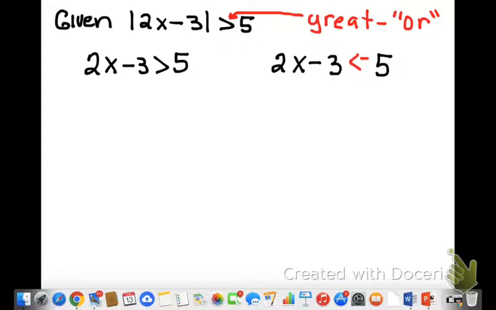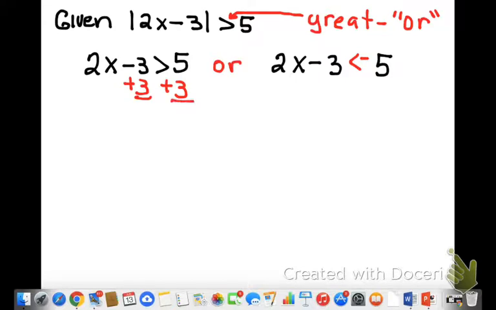So before we begin to solve, you'll notice that on the right-hand side, I have my -5, but I also changed my greater than symbol to a less than symbol. Think of it as when we multiply or divide both sides by a negative, when we're working with inequalities, we switch the symbol or reverse it. That's what we did here. So then we're going to solve as normal. We're going to add 3 to both sides.